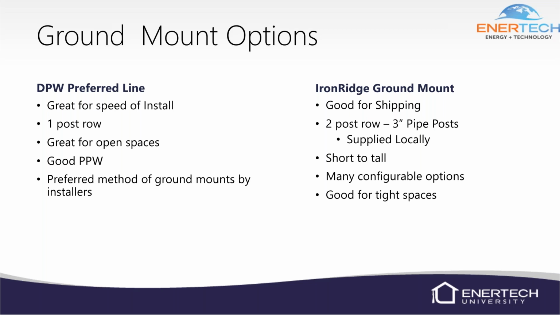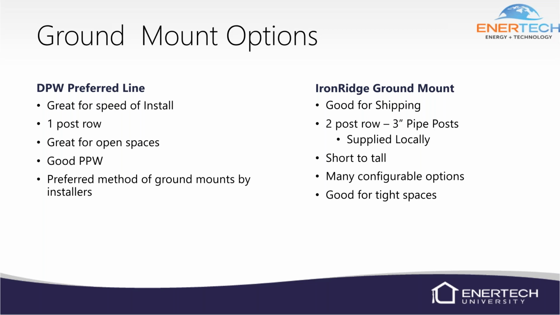Basically the brackets and the mounting hardware you would purchase through us in Iron Ridge, and then you would supply the pipe locally. There are 2 pipes in that row. So the lower portion closer to the ground would be your short pier, and then the taller one would be in the back.